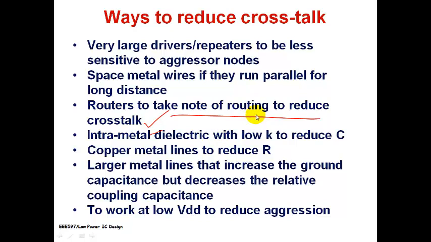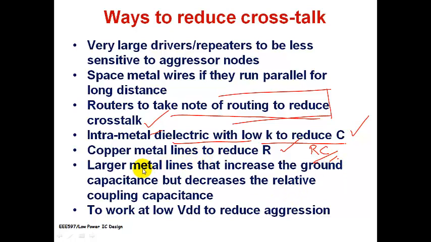Even while using the EDA tools, we need to bother about crosstalk and the optimization with respect to clock laying. The next one would be intra-metal dielectric with a low K to reduce the capacitance, that we can go for. And copper metal lines, which could reduce R, thereby reducing the RC delay itself.